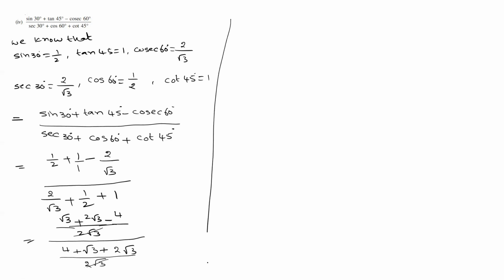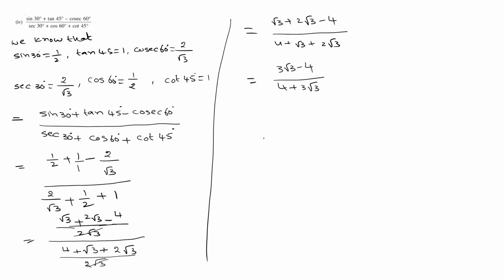The remaining thing will be root 3 plus 2 root 3 minus 4 divided by your denominator 4 plus root 3 plus 2 root 3. So if you add the like terms, root 3 plus 2 root 3 is 3 root 3, minus 4 divided by 4 plus root 3 plus 2 root 3, 3 root 3 here. The denominator has an irrational number, so we have to rationalize the denominator.